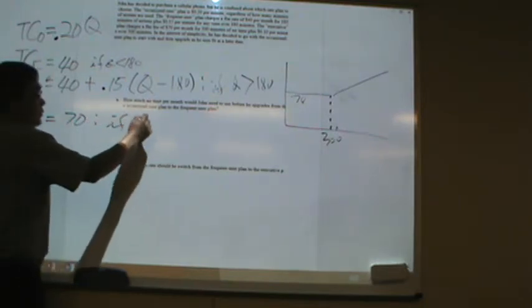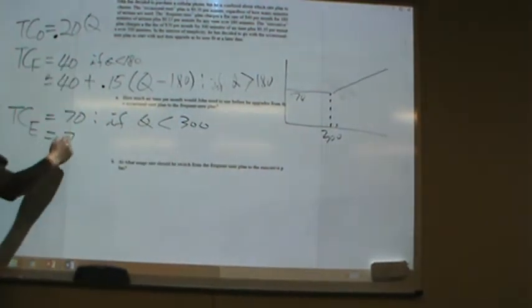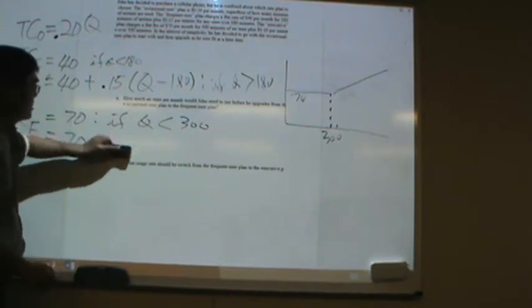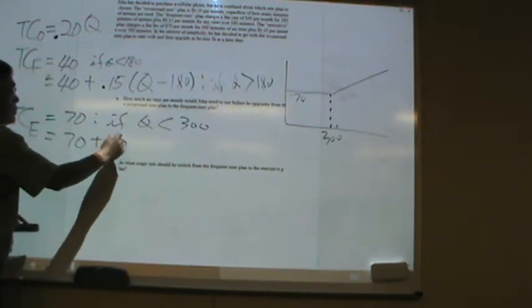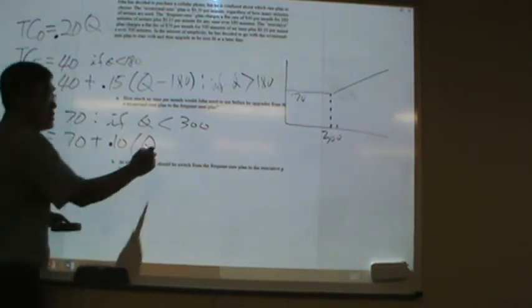If Q is more than 300, $70 plus 10 cents, 0.10, Q minus 300.